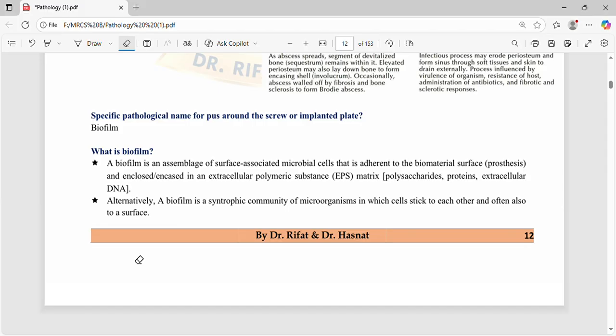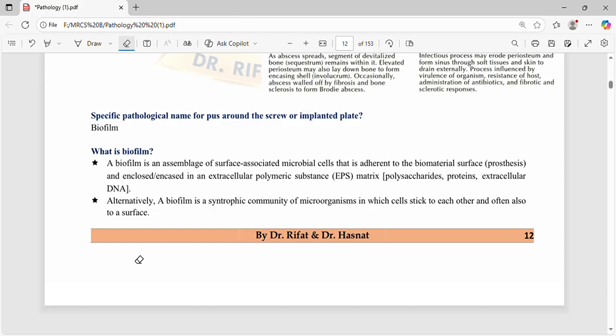And what is biofilm? A biofilm is an assemblage of surface-associated microbial cells that is inherent to the biomaterial surface, the prosthesis, and encased in an extracellular polymeric substance matrix: polysaccharide, protein, extracellular DNA.